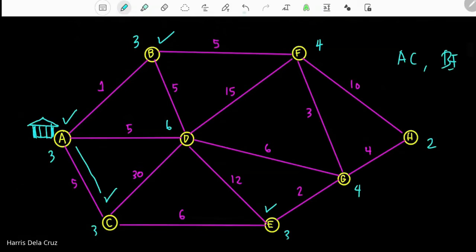Another scenario is, instead of AC, we can pair AB.